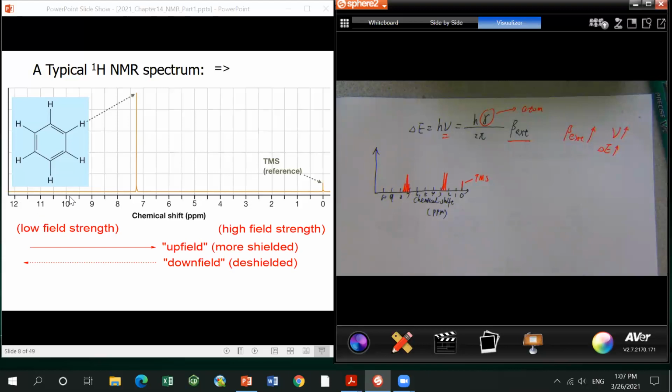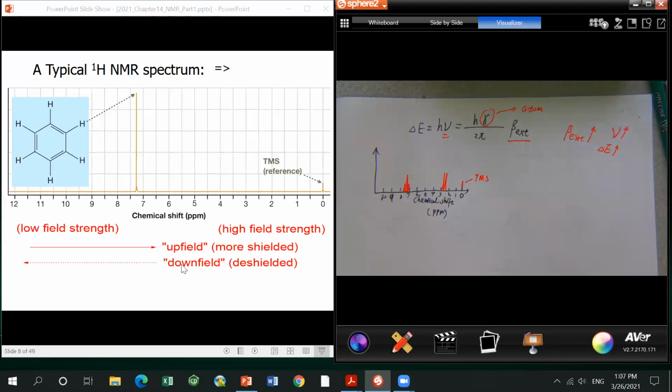If some reaction happens, or a temperature or pH change, the signal will shift. If it shifts to the lower number end, we call it an upfield shift, which means those protons get more shielded. If it shifts to the higher number end, we call it a downfield shift.